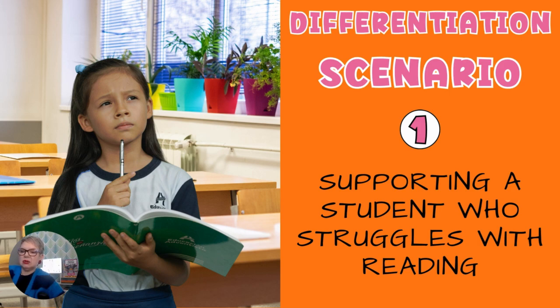Sit next to the student and quietly guide them through tricky words. Pre-read key sections. Before the lesson, give them a chance to read parts of the text with you so they feel prepared. Use a reading ruler. Some students benefit from a ruler or overlay to help them focus on the words.